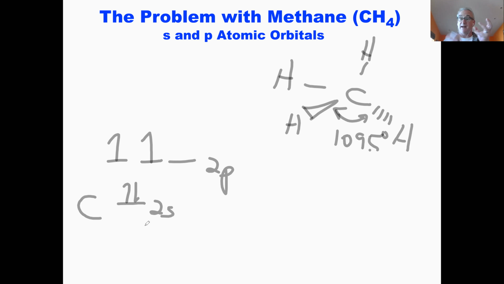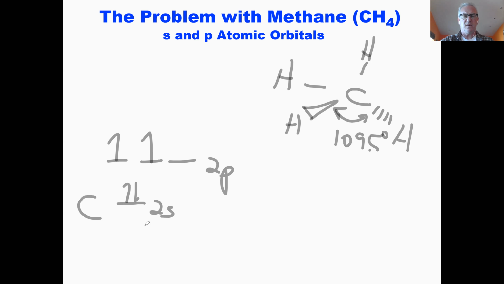We would look it up: it has 4 regions of electron density, so on our table that's tetrahedral, with no lone pairs, so the shape is also tetrahedral. That made perfect sense. But when you go back and look at how the electrons in carbon are organized, it actually doesn't make any sense.